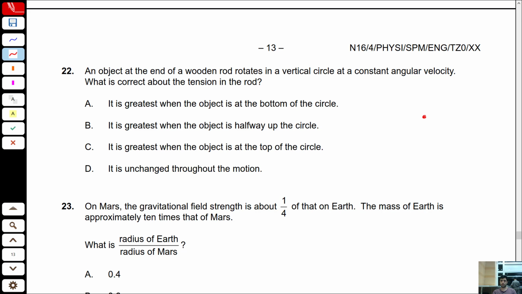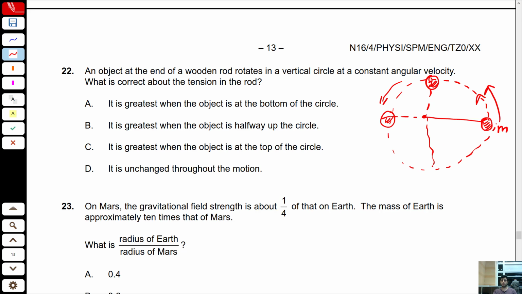Imagine this is the center, and this is the ball, and this ball is undergoing a circular motion, maybe moving in this direction, and it has some mass. At some point it is here, at some point it's here, and at some point it is right at the bottom. So we need to figure out the tension in the rod.